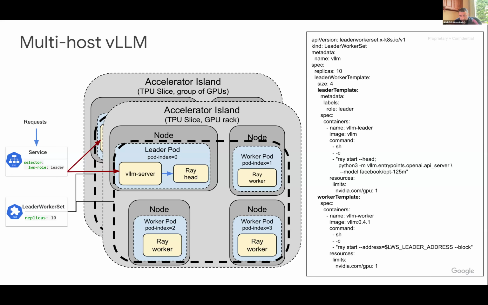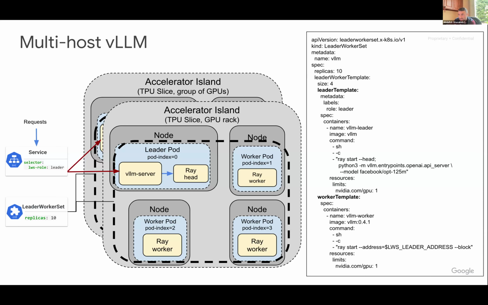So you can use PyTorch distributed, you can use MPI, you can use JAX, MaxText JAX, which is what SaxML is backed by. In all of these cases, you basically need a rank and a world size and the driver address. And this is basically what LWS is providing you with.